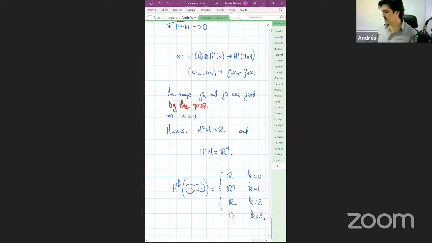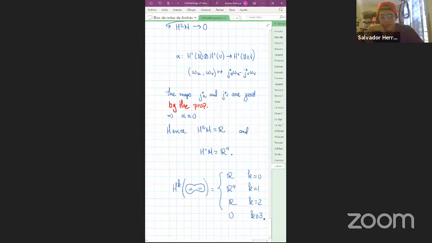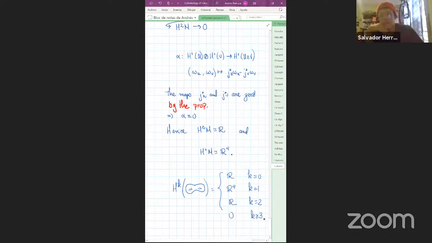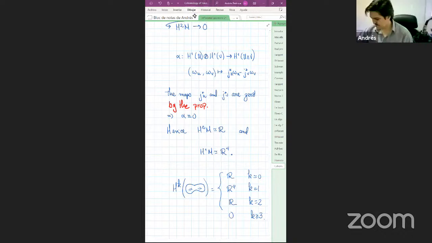Right? So is this clear? Generally, it only depends on the number of holes. Right. So let's see.